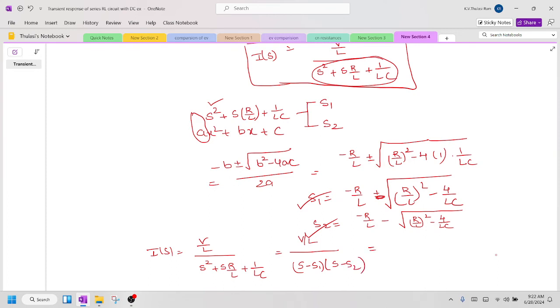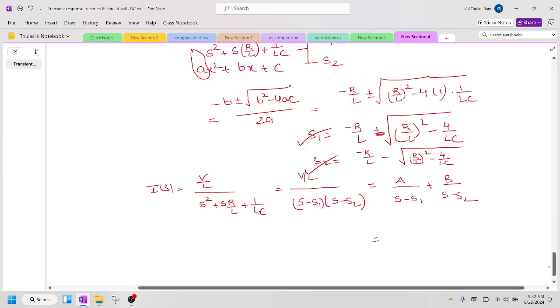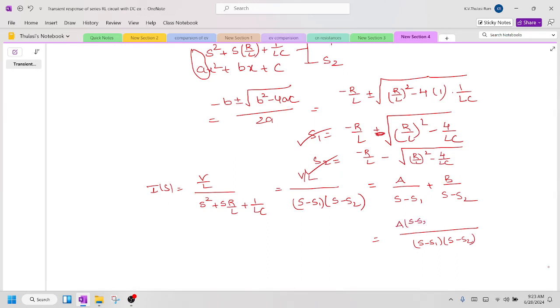So this you can solve by partial fractions, which is A divided by S minus S1 plus B divided by S minus S2. When you solve it, the LCM is S minus S1 into S minus S2. You are going to get A into S minus S2 plus B into S minus S1.